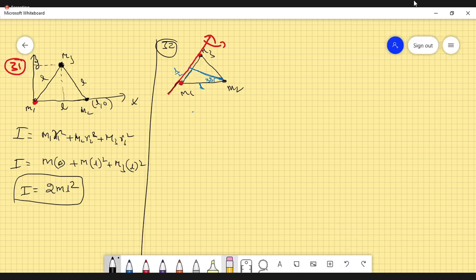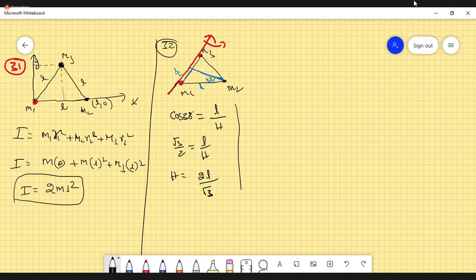Okay. Now from this, cos 30 equals adjacent by hypotenuse. So it is root 3 by 2 equals L by hypotenuse. And hypotenuse equals what? 2L by root 3.